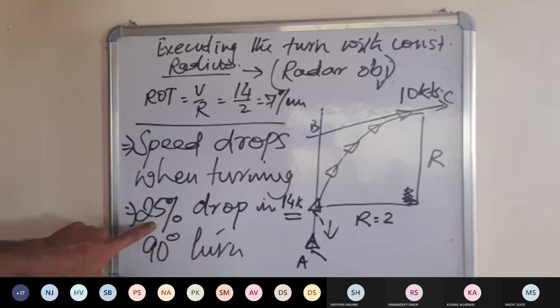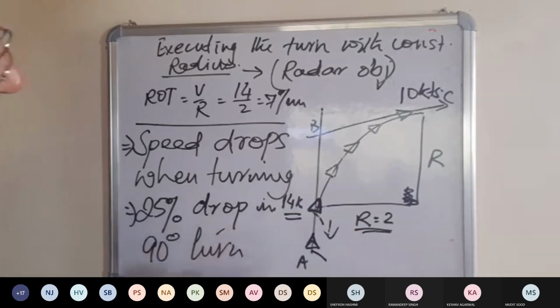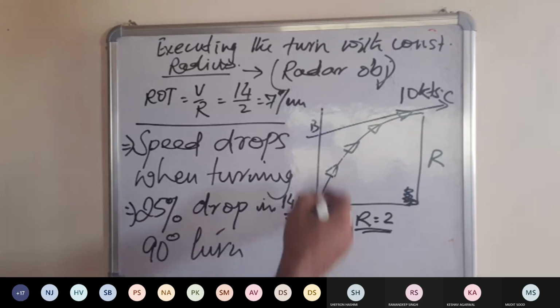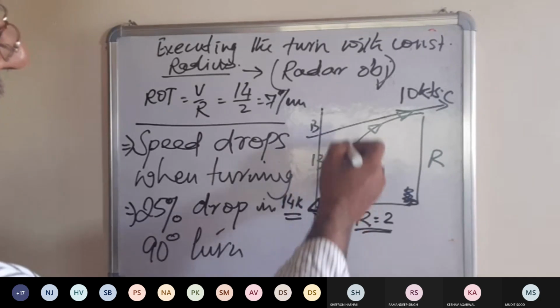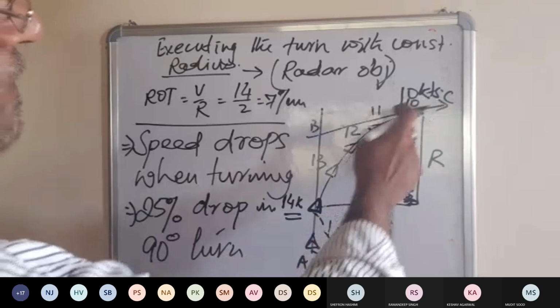Approximately, general rule, 25% speed drop in turning the vessel by 90 degrees. So the radius was 2 miles, the speed was 14 knots, and the ROT was 7 degrees. But what is happening? The speed is becoming like this, and like this.